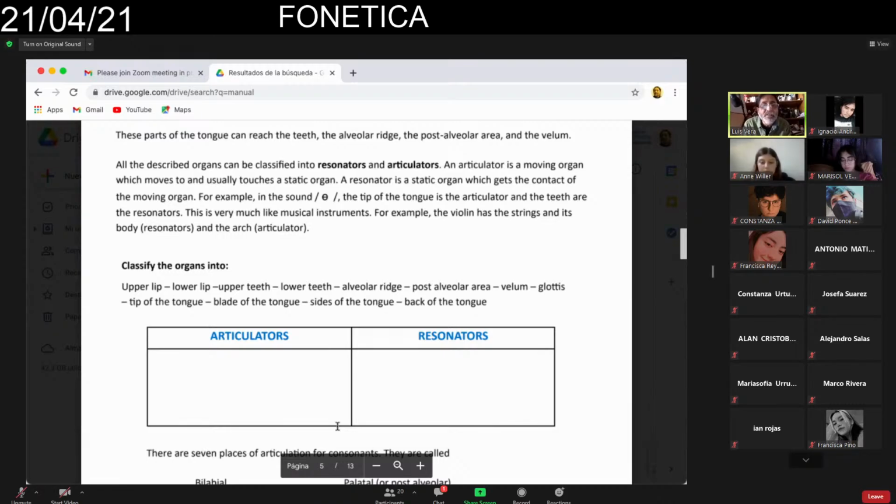This is very much like musical instruments. For example, the violin has the strings and its body, the resonator, and the articulator. That's why you finally hear that wonderful sound.